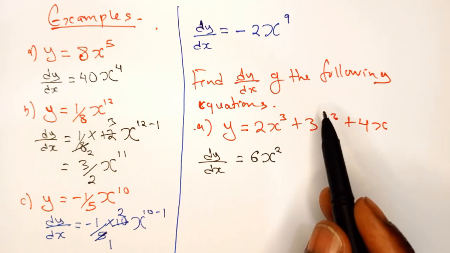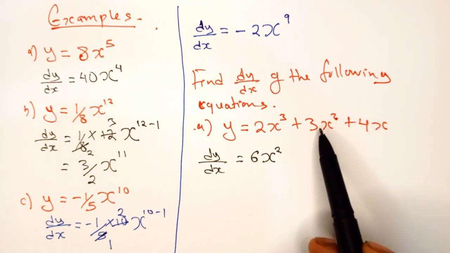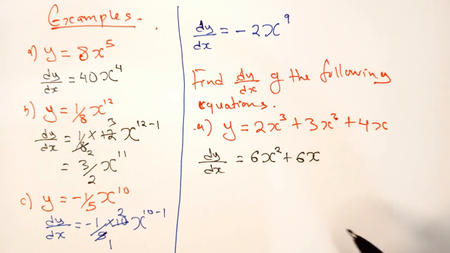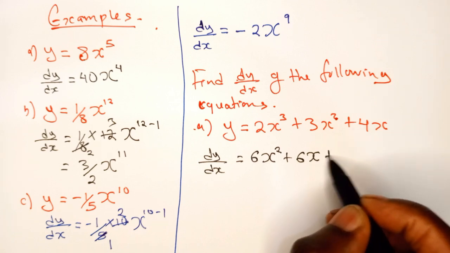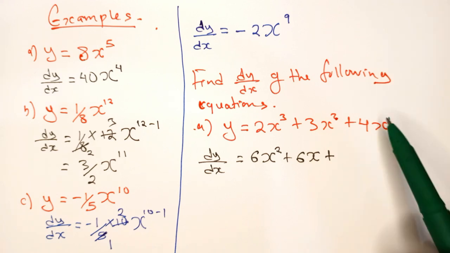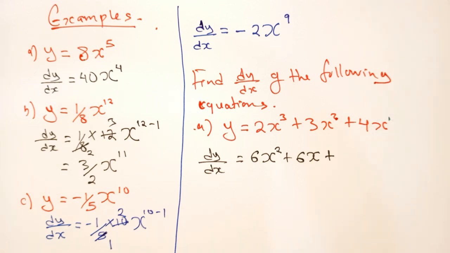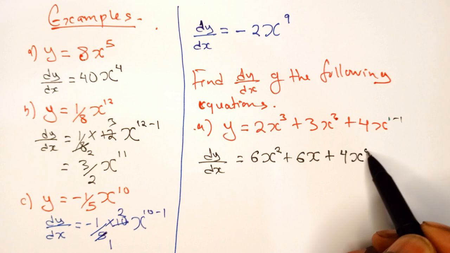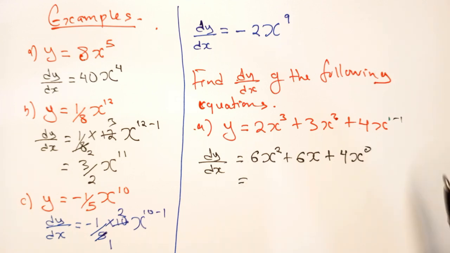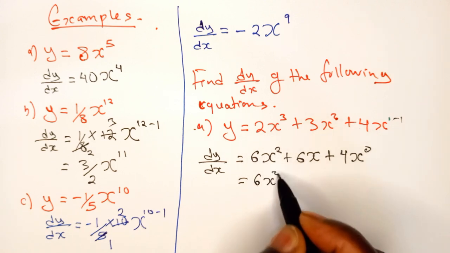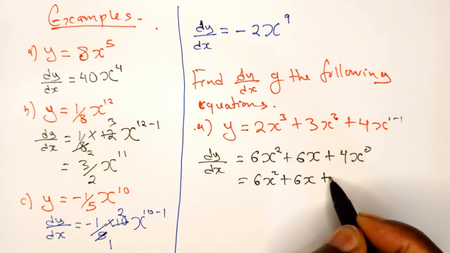Then you come to the next value, you do the same, 2 times 3, again you get it is 6x, you minus 1 from 2, you get 1, so that remains x, plus this one here is like there is 1 here, there is a 1 here, so 1 times 4, you get it's 4, then x, if you minus 1, this will be now 0. Now, according to laws of indices, anything raised to 0 is 1. So finally, my dy dx will be 6x squared plus 6x plus 4.